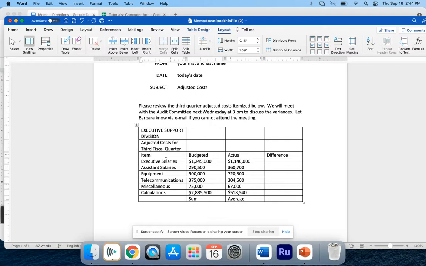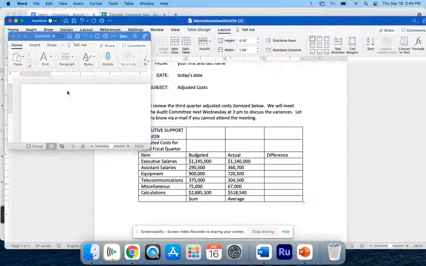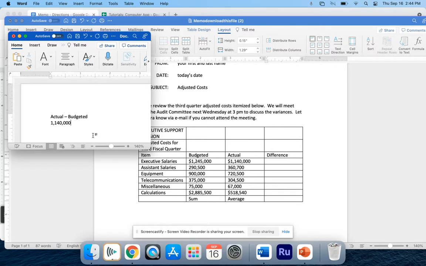Okay, so knowing what you know about that, you can go ahead and put your cursor back over there on difference. The formula to figure that out is you take the actual amount minus the budgeted amount. Okay? Now, the actual amount that we're going to deal with first is $1,140,000.